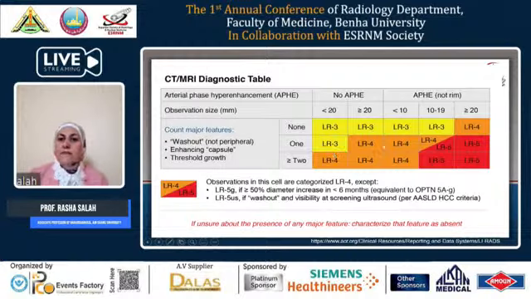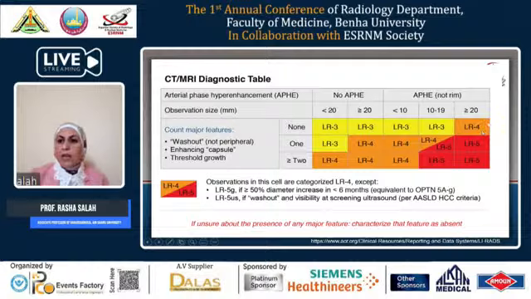So we can discriminate between the lesions depending on these multiple parameters according to this table, and fulfill the criteria of each focal lesion and put it here in its corresponding category. So there are lesions that are located here in the LI-RADS 5 because these lesions don't need any further histopathological confirmation, and management should be promptly performed for these patients.